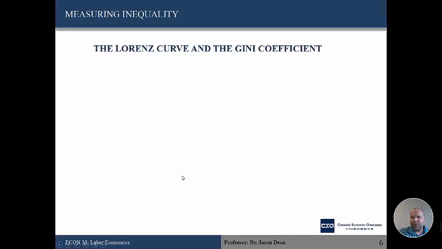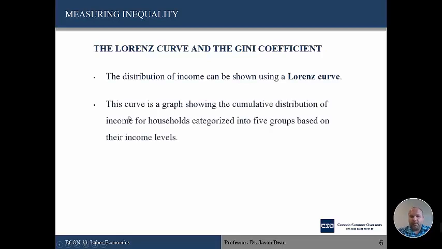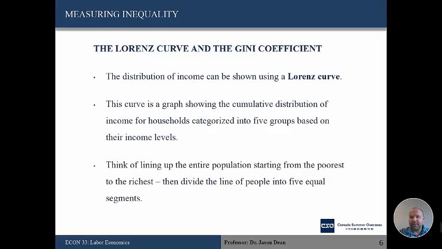Now, how do we measure inequality, in terms of wages? Well, there's two concepts we need to learn, the Lorenz Curve and the Gini Coefficient. The Lorenz Curve is simply a curve that shows the distribution of income in an economy. It's a graph that shows the cumulative distribution of income for households categorized into 5 groups based on their income levels.